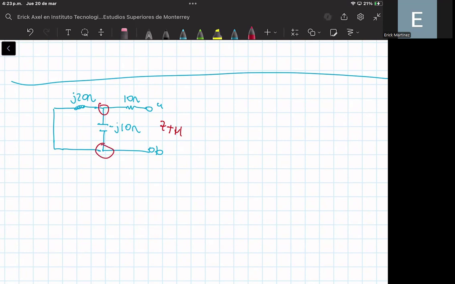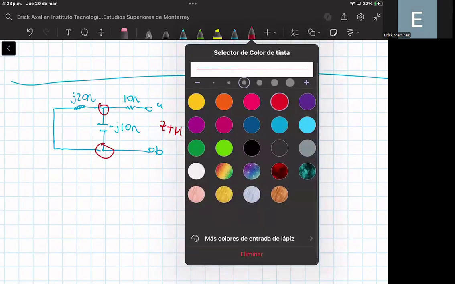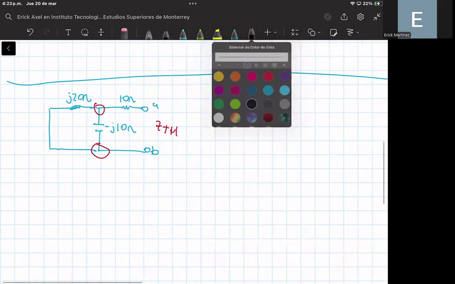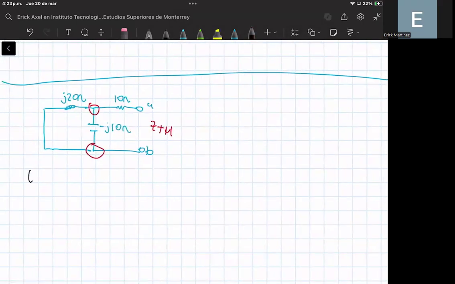And we can also observe that the equivalent impedance of the parallel between the impedance of the inductor and the capacitor is in series with this 10 ohm resistor. So first we can simplify these two impedances, and this will be equal to the following. So we have the parallel between J times 20 ohms that is in parallel with minus J 10 ohms.